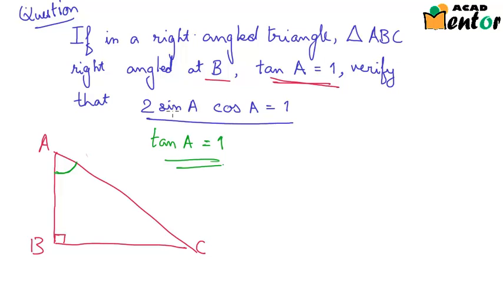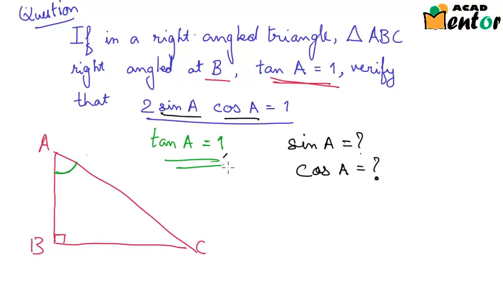We have to verify that 2 into sine A into cos A is equal to 1. So what do we need for this? We need the value of sine A and we need the value of cos A. So we have to find out the value of sine A and the value of cos A.